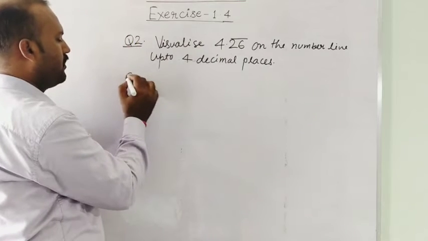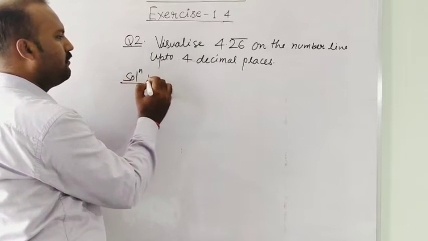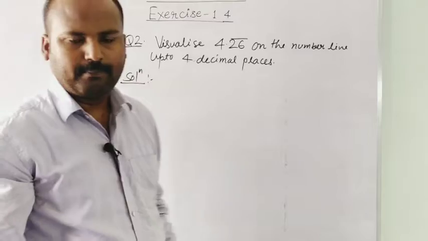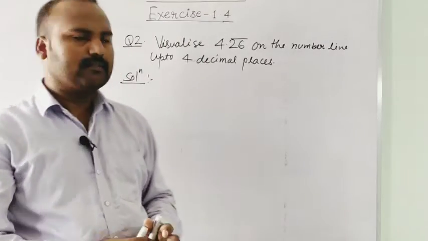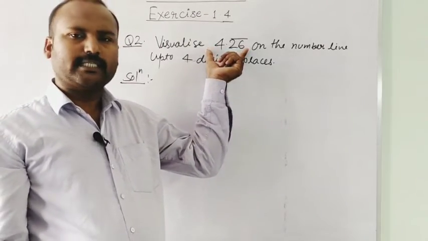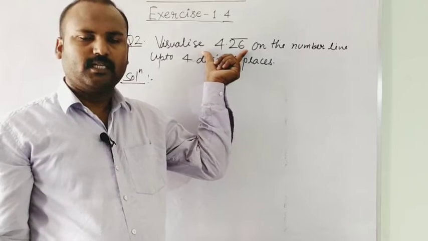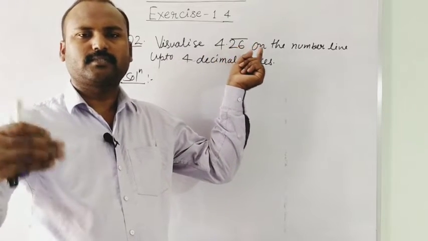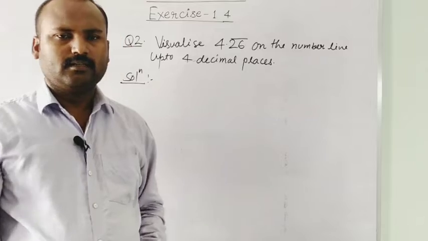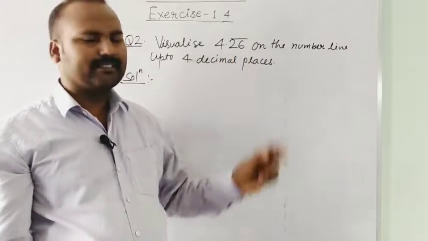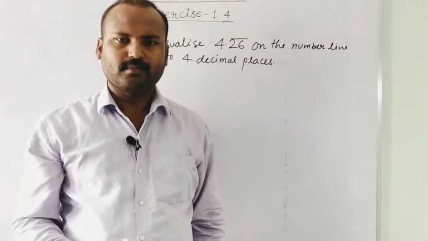Okay, given number is 4.26 bar. It means which type of decimal is this? This is a non-terminating repeating decimal. It means here only 262626 after the decimal. These two digits will be repeated only.